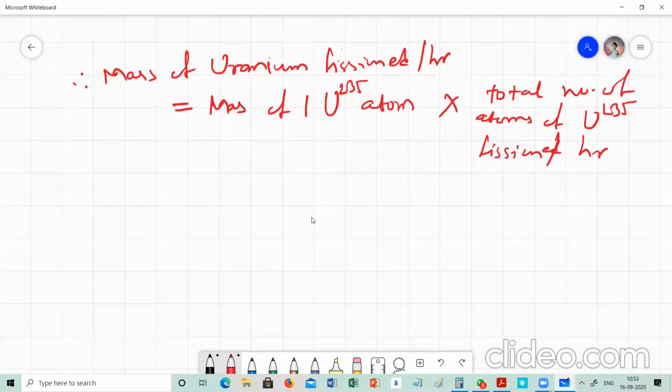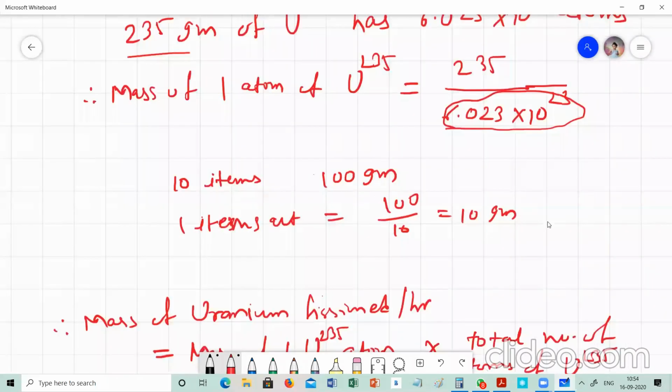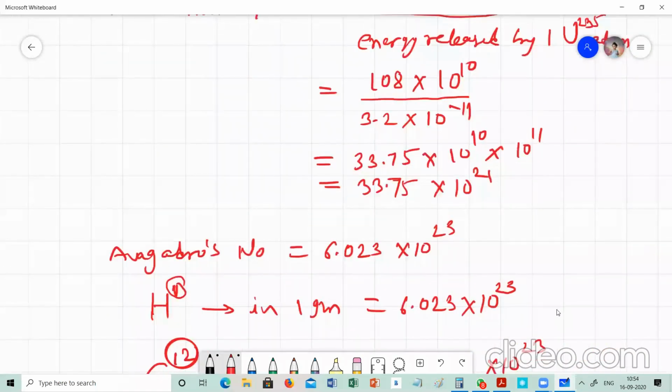We have calculated the mass of one uranium-235 atom, which is equal to 235 divided by 6.023 into 10 raised to 23, into the number of uranium atoms, which is 33.75 into 10 raised to 21.